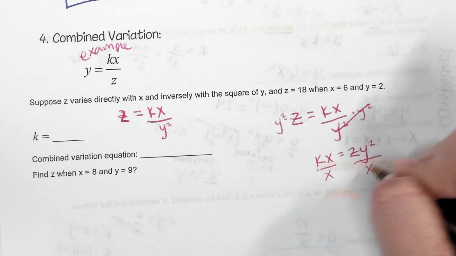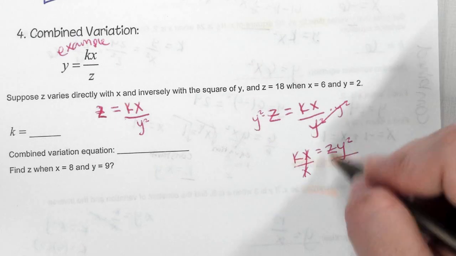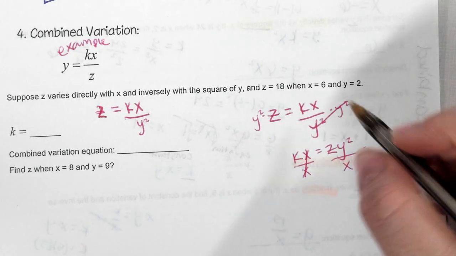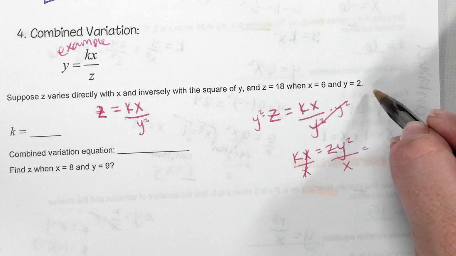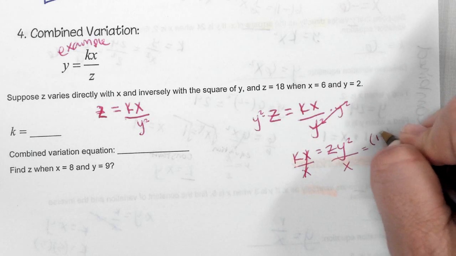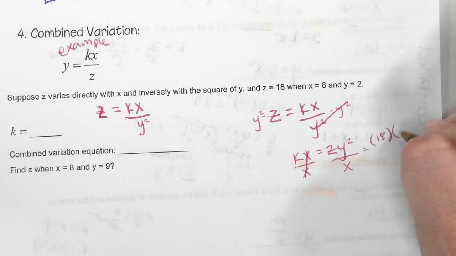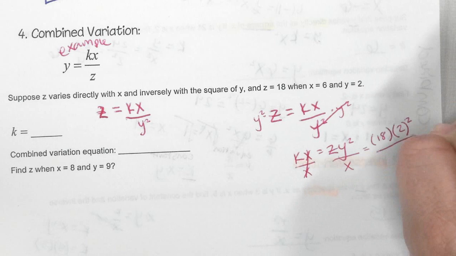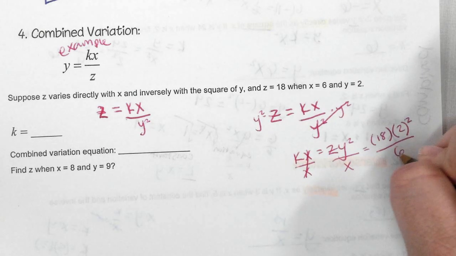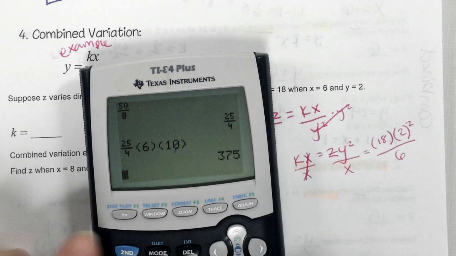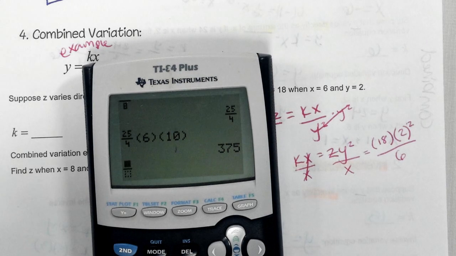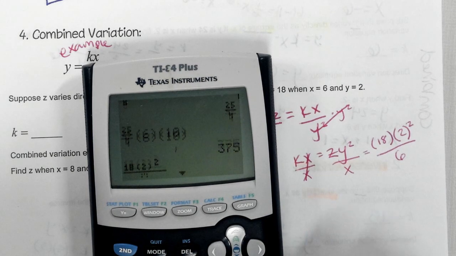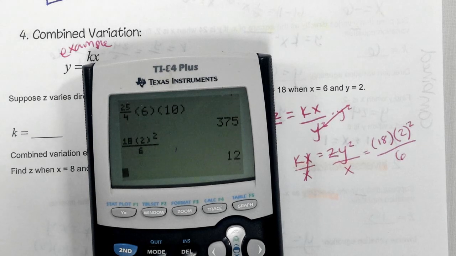X. I need to divide both sides by x. So this is my k. So knowing that, I'm going to use those 3 numbers they gave me. Z is 18. Y is 2, but y is squared, over x is 6. And that's going to give me my k. And I get 12.